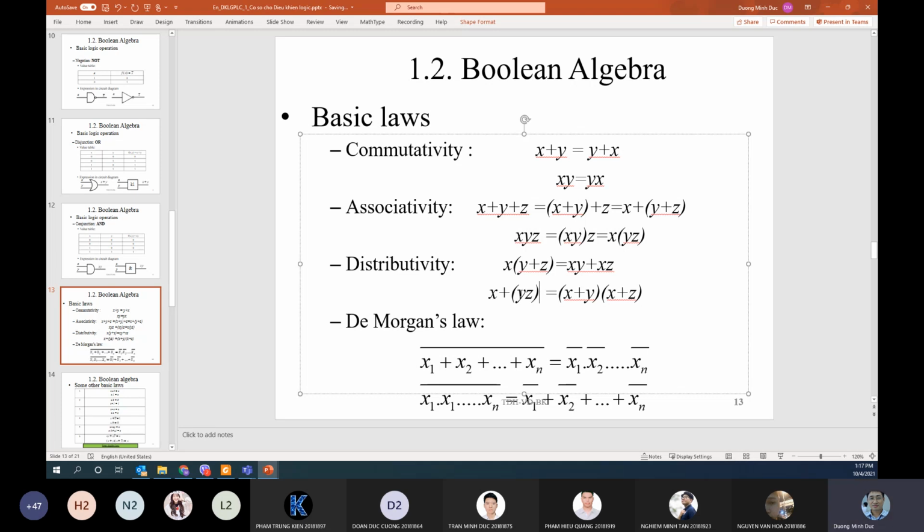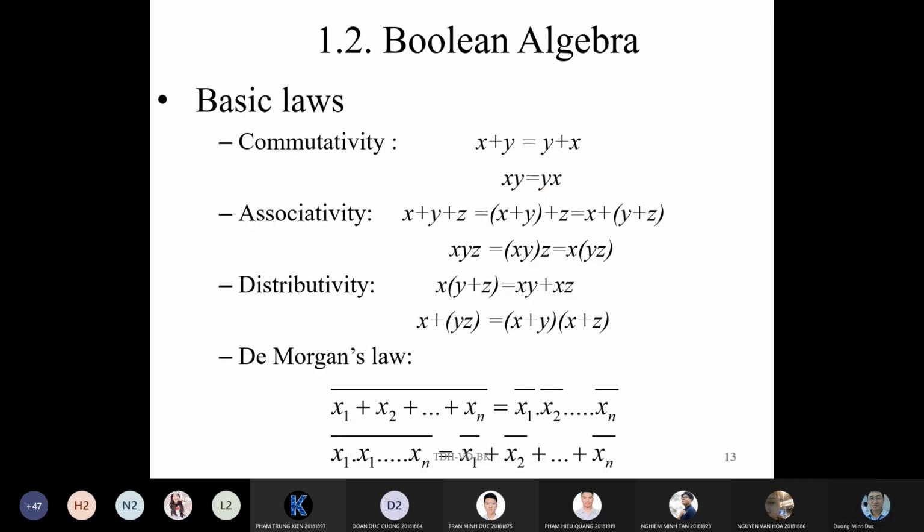Look. Okay. So it looks similar. So this is the distributivity of the disjunction over the conjunction. So we have x plus (y multiply z) equals (x plus y) multiply (x plus z).